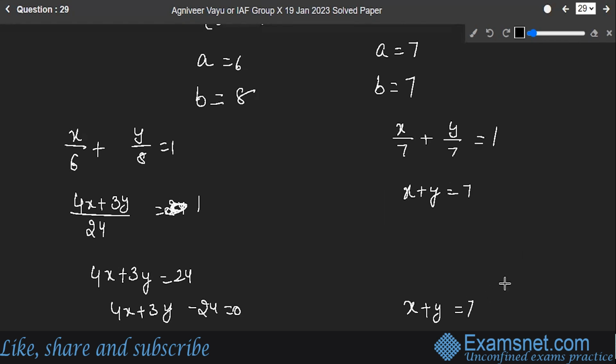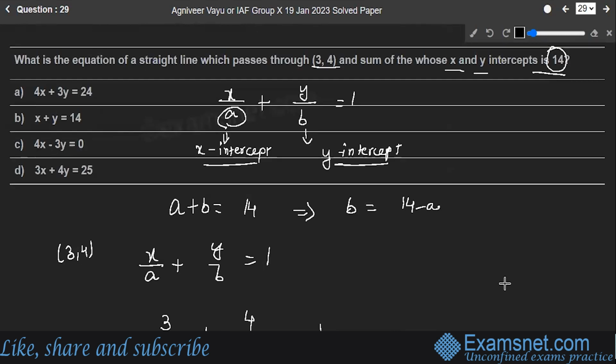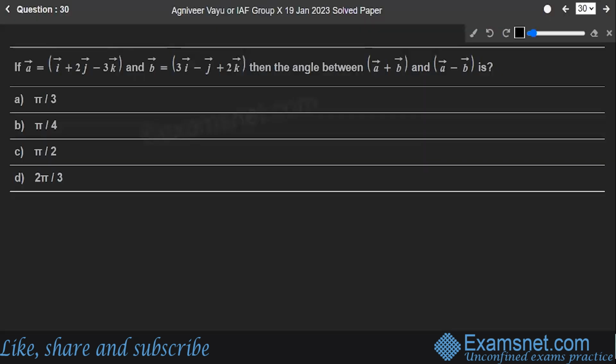Let's check with the options which is the correct one. I don't have x plus y is equal to 7, but definitely I have this one, which makes option A the correct answer. Hope you got that. Let's move to the next question.